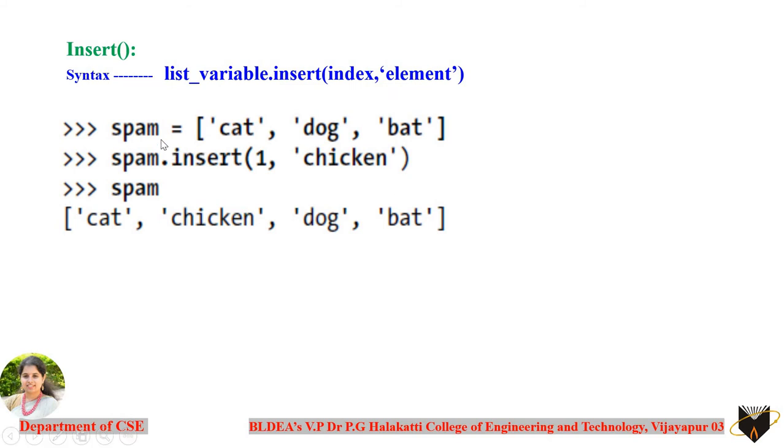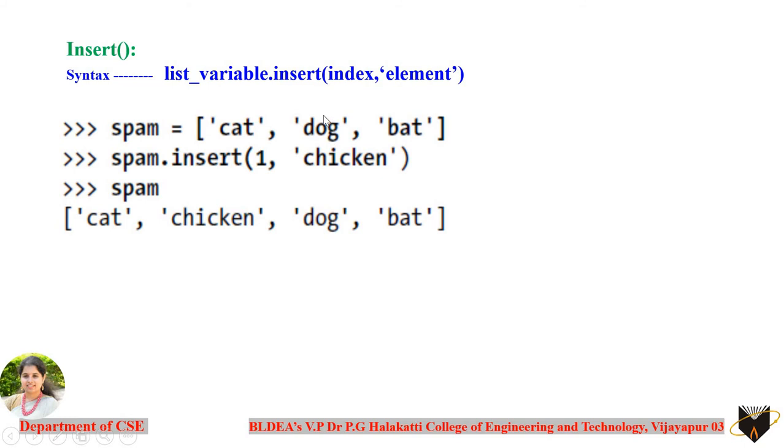With this example, you already have the elements cat, dog, and bat. Spam dot insert, 1 is the index position that has been taken, and the element that you want to add is chicken. Print it. At the 0th position, as usual, you have cat.